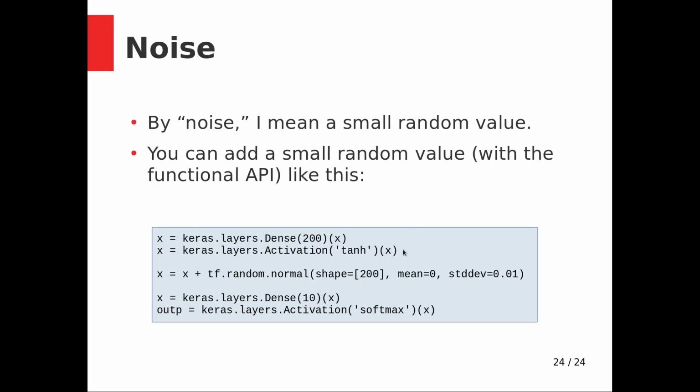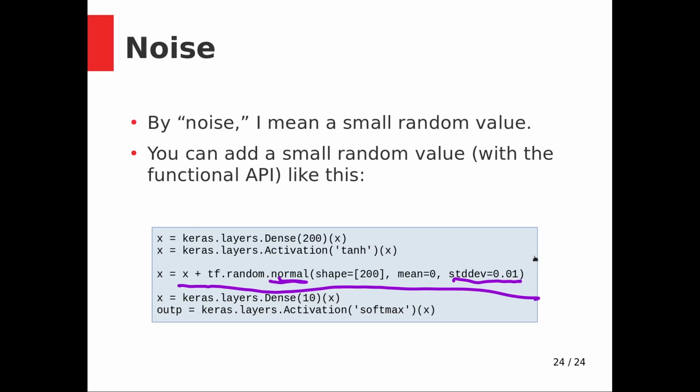And by noise, I mean, of course, a small random value, right? And at least with the functional API, you can add a small random value to a layer like this. Here I have my layer X, and I am just adding normal noise, meaning normally distributed, with zero average and a very small standard deviation.